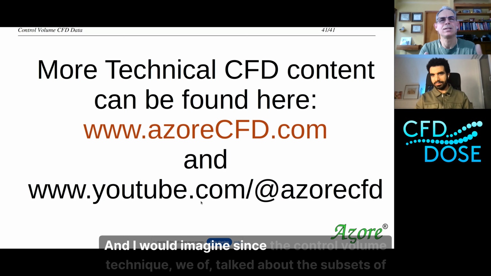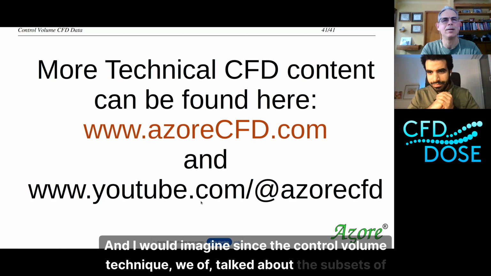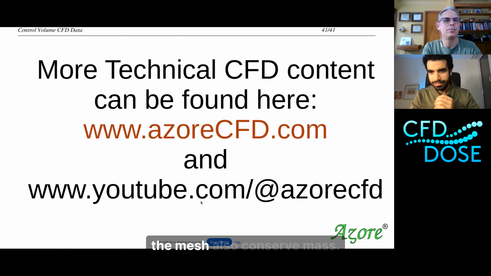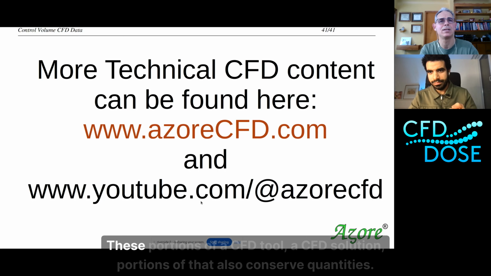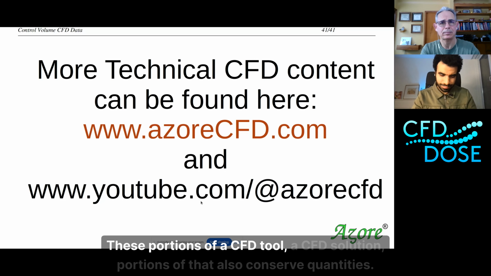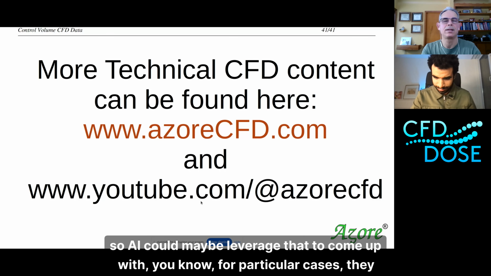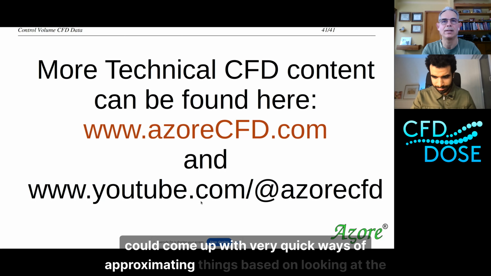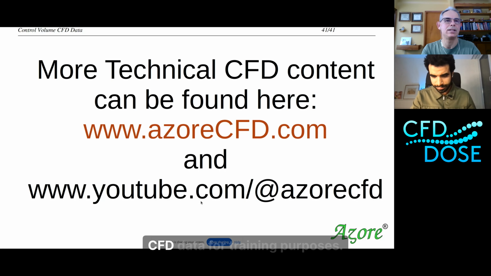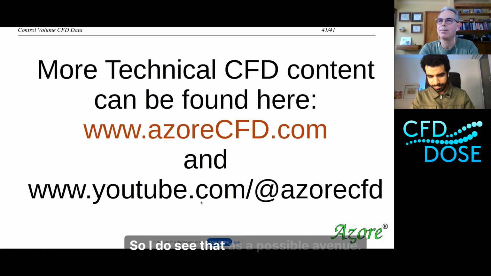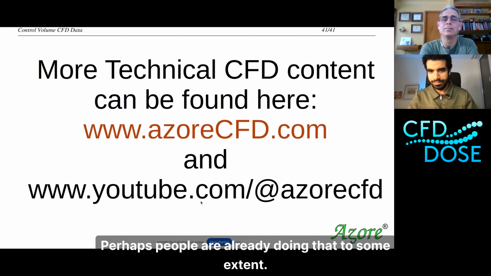And I would imagine since the control volume technique, as we talked about, has subsets of the mesh that also conserve mass, it could provide a lot of information. Portions of a CFD solution also conserve quantities, and so AI could maybe leverage that for particular cases to come up with very quick ways of approximating things, based on looking at the CFD data for training purposes. So I do see that as a possible avenue, and perhaps people are already doing that to some extent.